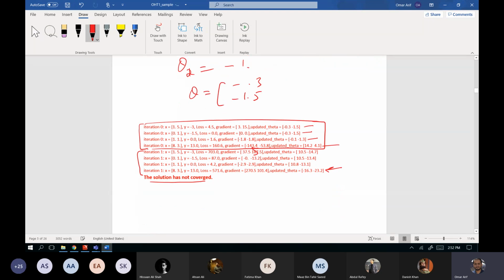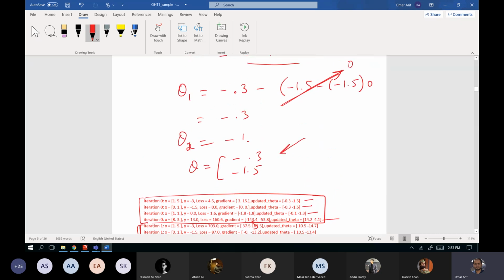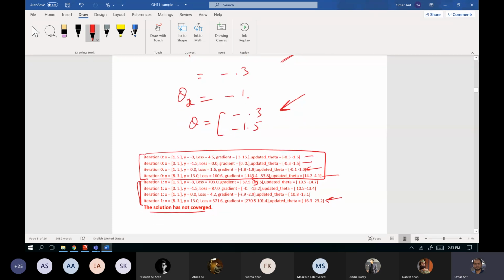Convergence happens when you go through all the training examples in one iteration and there is no update, just like here where one training example had no update on theta, but in the next training example you had an update, so you have not converged. Convergence happens when there is no update across all the training examples, and you still do not get any update in your theta parameters. That is where you would, in the true sense, stop.